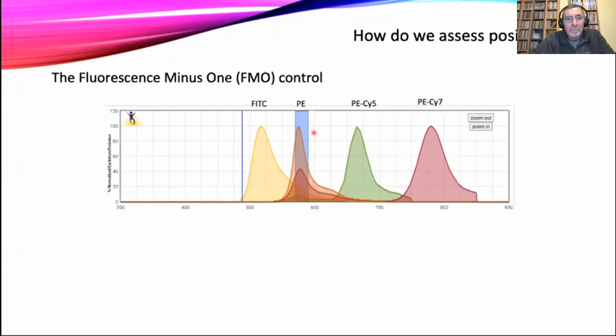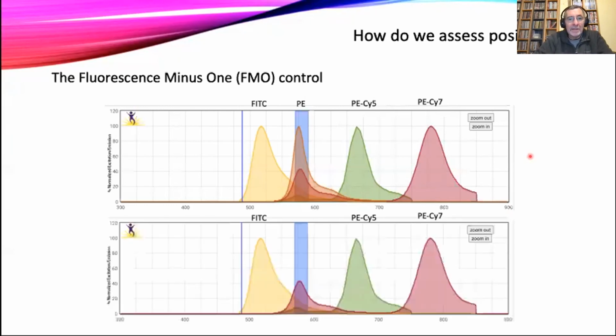But I also know that if I've got those other fluorochromes in the system, some photons from FITC will end up in the PE detector, some from PerCP-Cy5.5 will be in the PE detector, and some from PE-Cy7 will be in the PE detector. Now I can account for those by the process of compensation or unmixing, but I want to know when I run that fully stained sample, how many of those photons have come from the actual PE marker that I wanted to use. And that's where the FMO comes in.